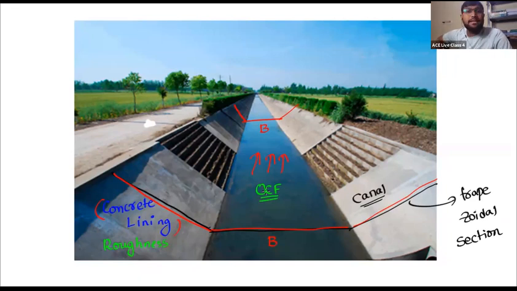But during summer season, due to inadequate rainfall, you need to supply more water in the canal. So do you think the flow rate passing through the canal is always going to be the same? No. Is the depth of flow always going to be the same? No. So which is the only variable here? The depth of flow. The depth of flow is going to continuously vary with respect to time.